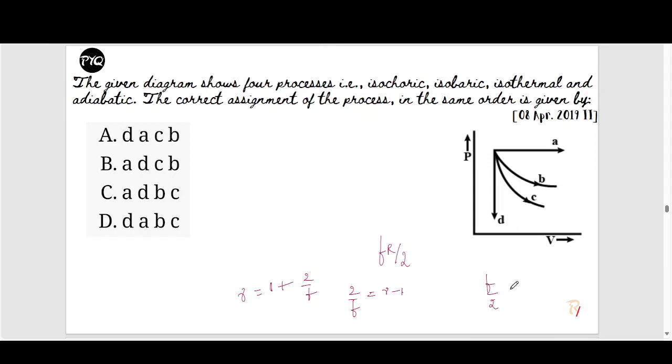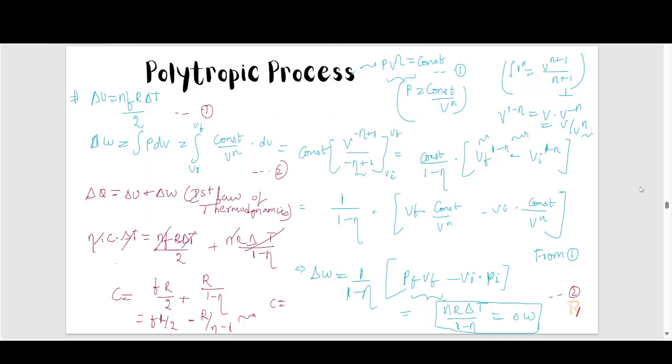Therefore f by 2 can be replaced by the adiabatic exponent, 1 upon gamma minus 1. Therefore substituting here we get R upon gamma minus 1 minus R upon n minus 1.